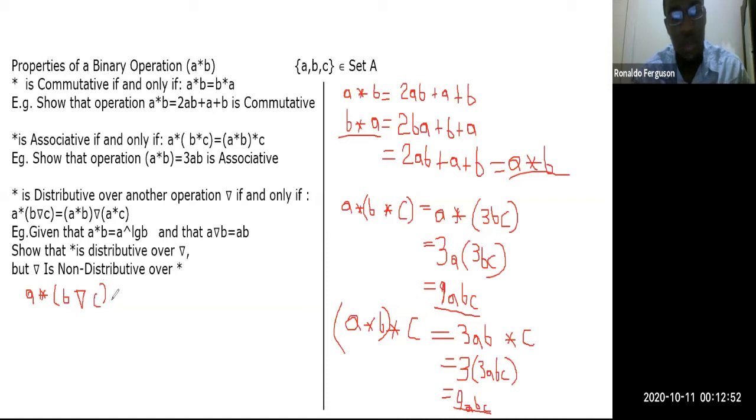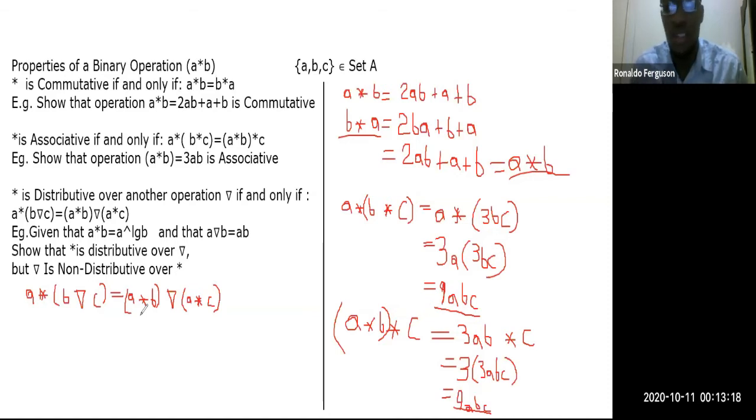So we need to show that A star B delta C should work out to be A star B delta A star C. This is when it's distributive. So we have A star B delta A star C. And so let's show that this is distributive.